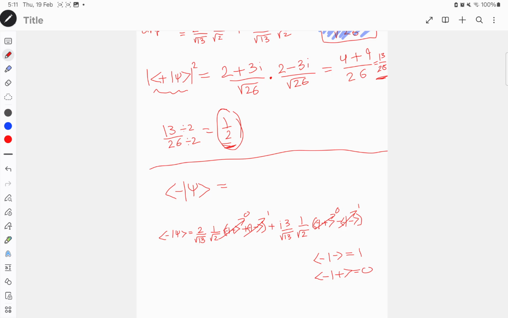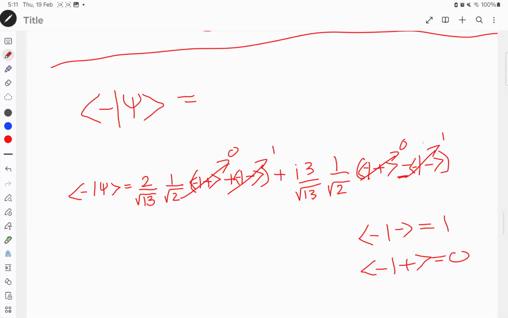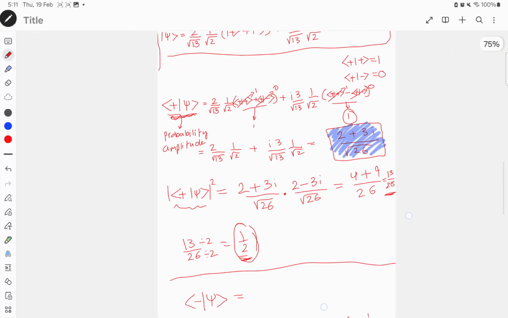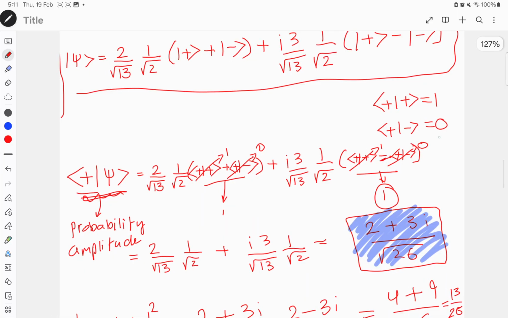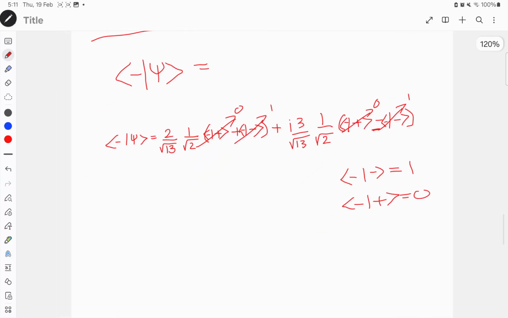So the difference here is that we will get a minus sign here. The minus will not go up there, but the minus went with the 0. So this is the inner product, it will give us 2 over root 13 multiplied by 1 over root 2 multiplied by 1, plus, which is minus this minus, multiplied by 1 minus 1, this term will be multiplied by minus 1.